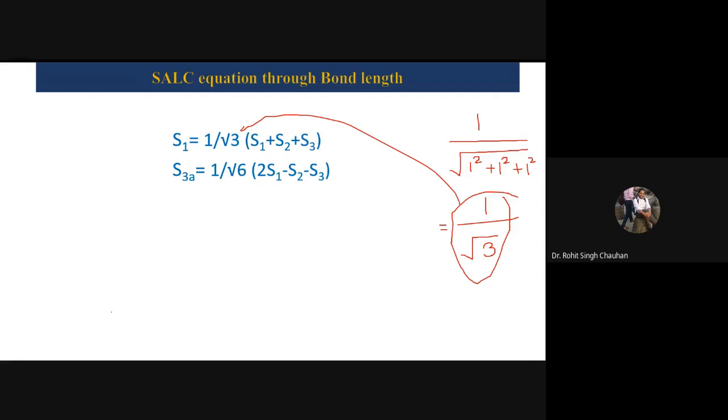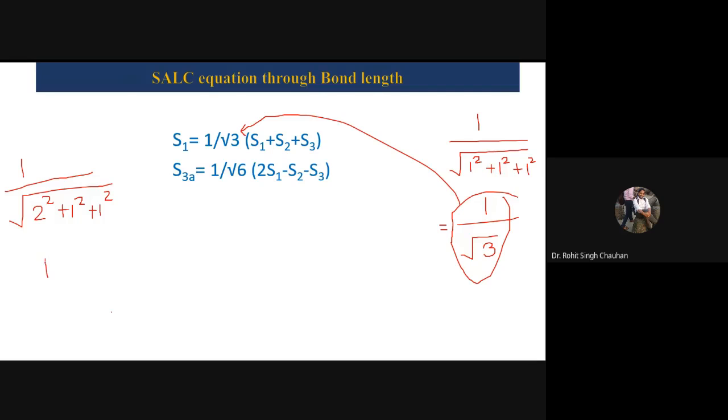Okay, so for this one, I will solve it. 1 upon, same, first you make it a square root, right? Then the coefficient is 2, so 2 square plus, for S2 what is the coefficient? It is 1, so it will be 1 square. For S3 what is the contribution? Again it will be 1, so you write 1 square, right?